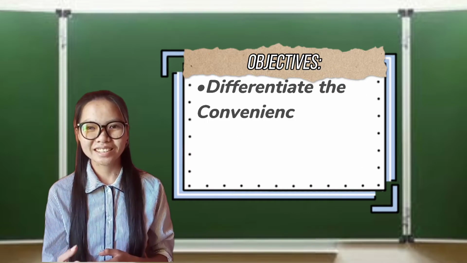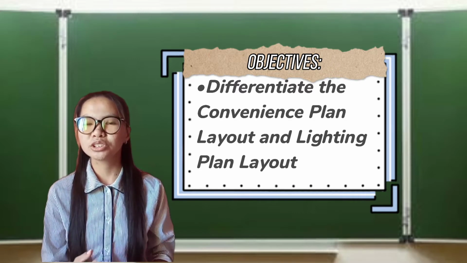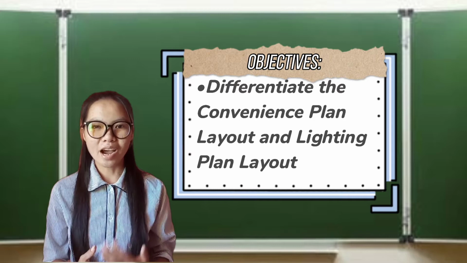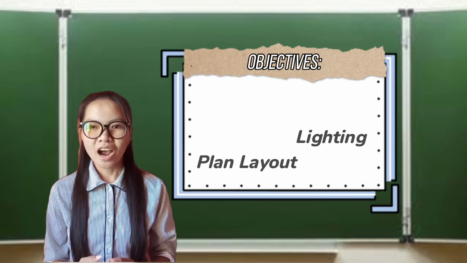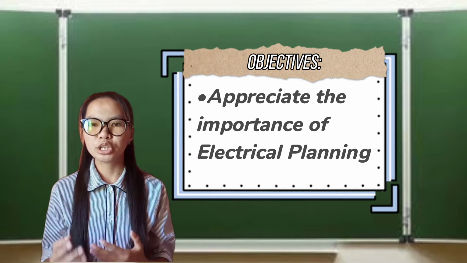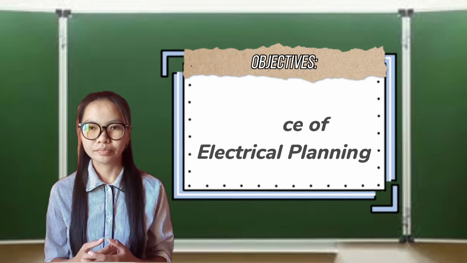Next, you should be able to differentiate the convenience plan layout and lighting plan layout. And lastly, after this discussion, you are expected to appreciate the importance of electrical planning.